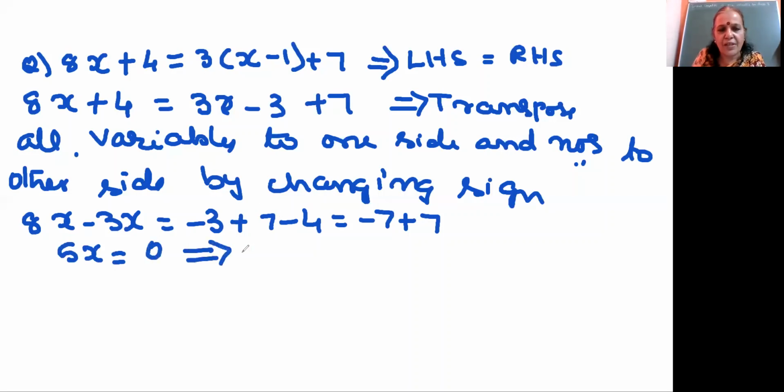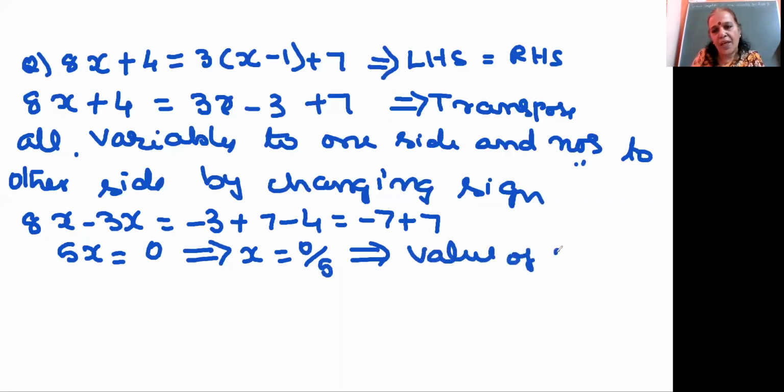Therefore, x is equal to 0 by 5. That is, value of x is 0.